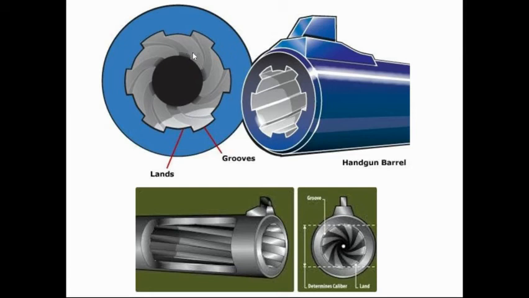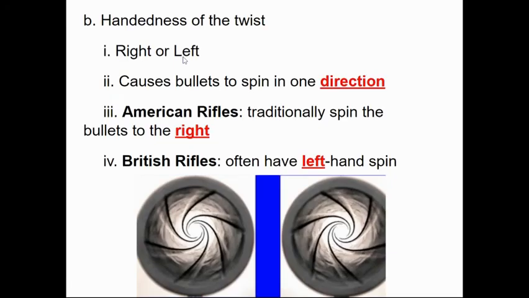There's also not just this type of rifling, but something called polygonal rifling, which is a little bit different. But the handedness of the twist is going to cause the bullets to spin in either a clockwise or a counterclockwise motion. American rifles traditionally spin bullets to the right. British rifles often have a left-hand spin. There are other countries, obviously, that manufacture these. This is just a generalization to give you two examples.